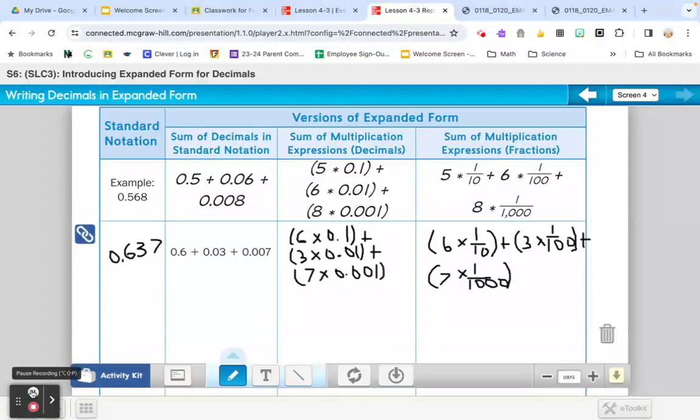All right, go ahead and check and see if you got 637 thousandths is our standard form here, standard notation. And then if you check the sum of multiplication expression and the sum of multiplication expression with fractions. If you did not get anything correct, make sure that you are correcting it.